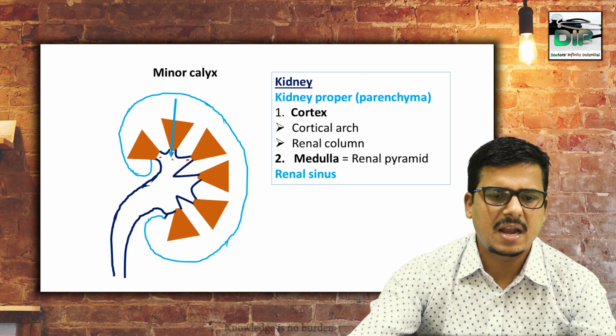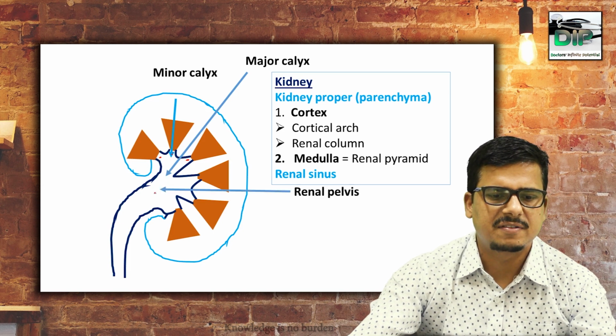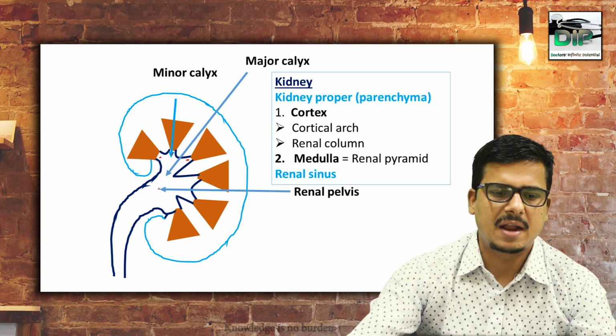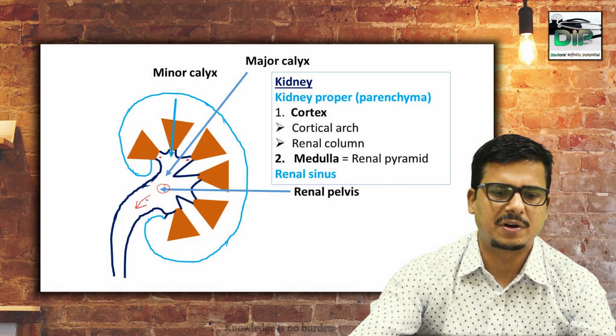Minor calyces combine to form the major calyces. These three form the major calyces, and the major calyces join to form the renal pelvis. The renal pelvis is the site from where the ureter arises, and the urine formed progresses downwards.